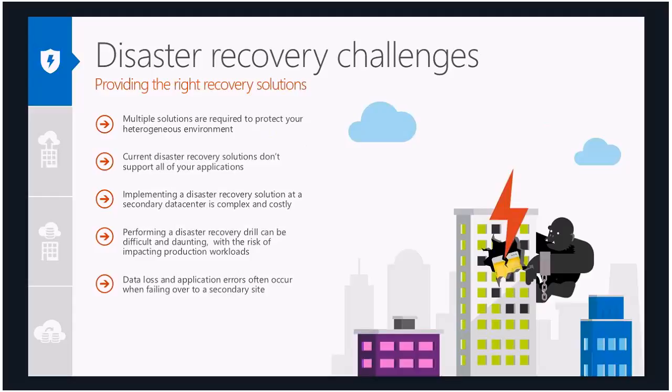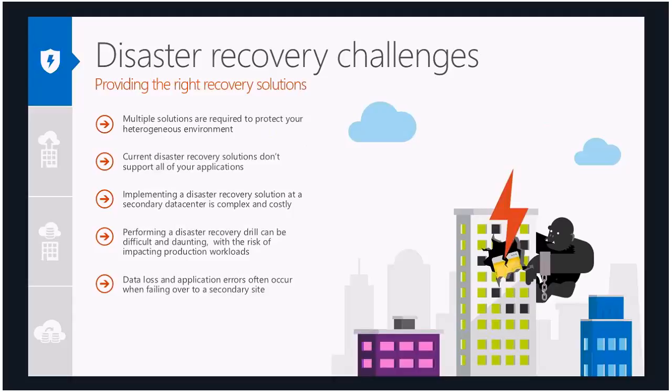If we need to implement a secondary data center, then this can be a very complicated and a very costly thing to do. Managing two physical environments, the cost in building or co-location can be quite high depending on what we're trying to achieve. And what about if we want to test our disaster recovery playbook?